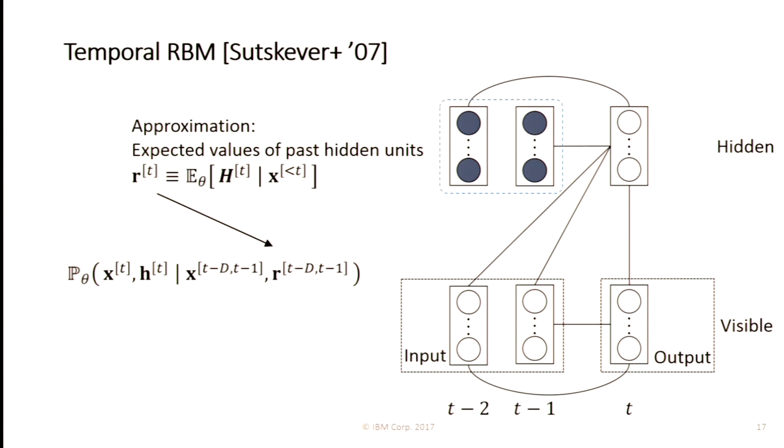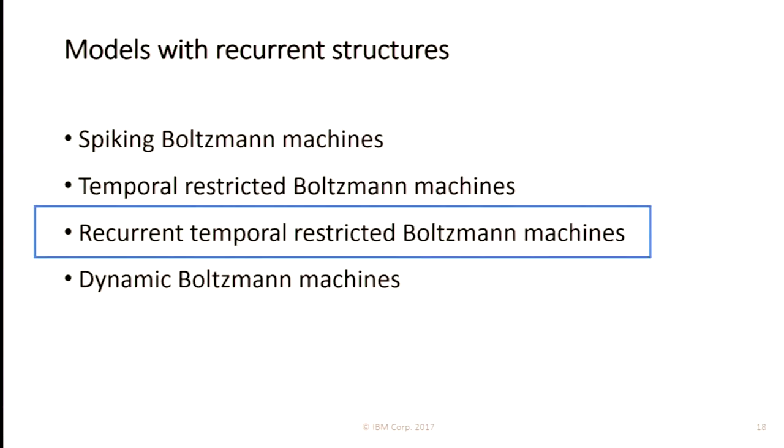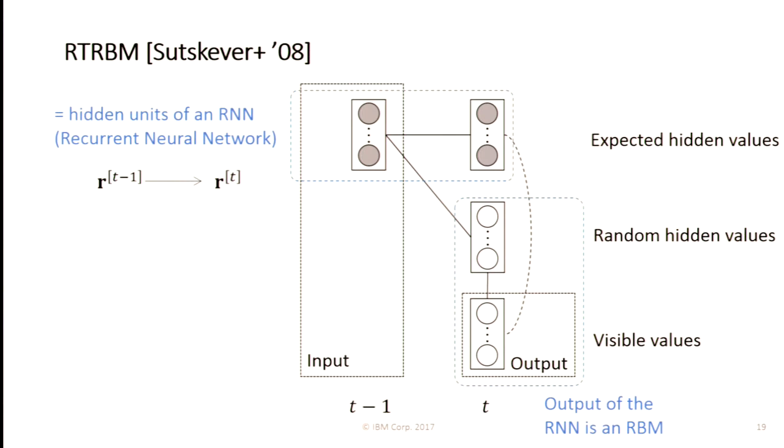But what is the significance of this temporal RBM? It naturally motivates this next model, which is called recurrent temporal RBM. So recurrent temporal RBM has this structure. The top part just recurrently, iteratively updates the expected value of your hidden values.